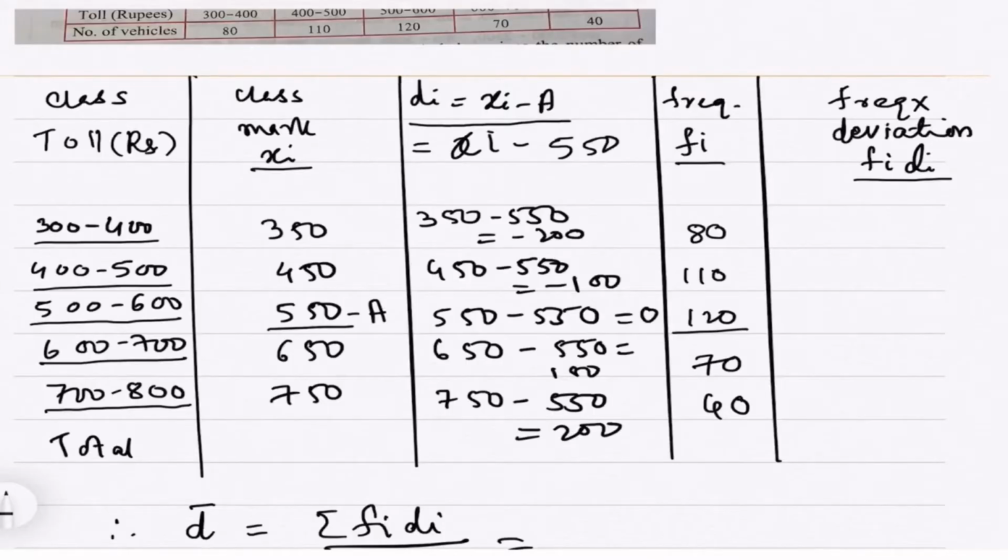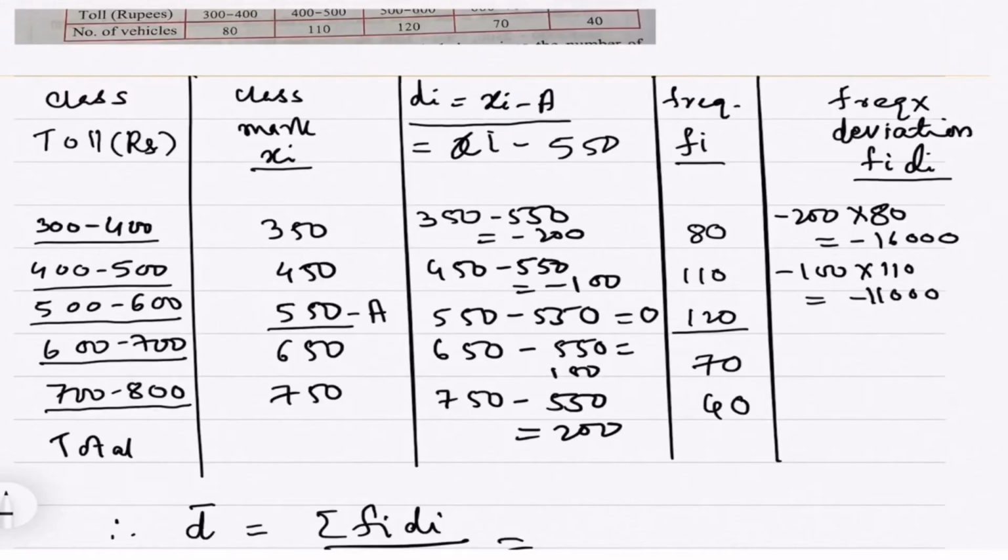Last column is for fi into di. So the first value is minus 200 into 80, which gives us minus 16,000. Next value, minus 100 into 110, which gives us minus 11,000.